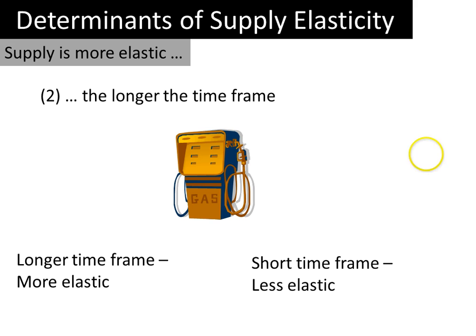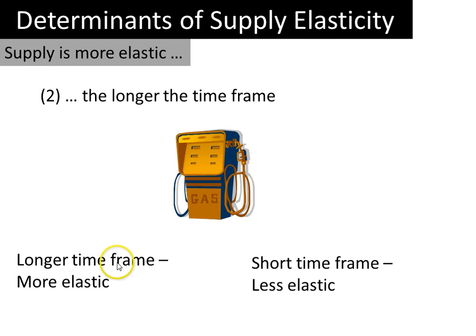Supply is also more elastic the longer the time frame over which we measure the change in quantity supplied. So let's say that the price of gasoline goes up. Will the supply response be greater within the next 1 day, or will it be greater within the next 1 year? Of course, it will be greater within the next 1 year because producers will have the opportunity to discover more sources of oil and to dig holes to extract those supplies of oil, while they can't do that within the next day.